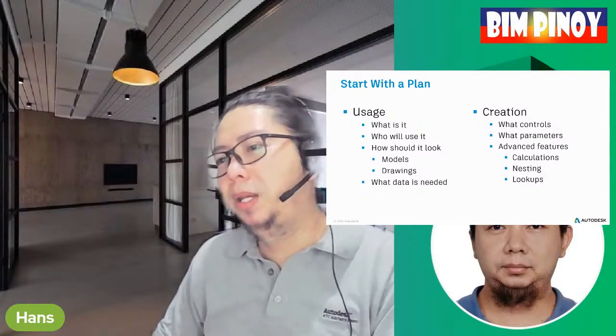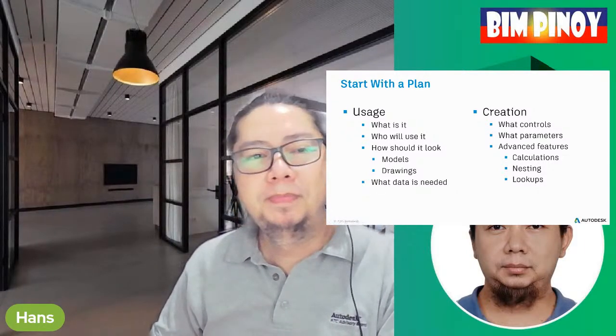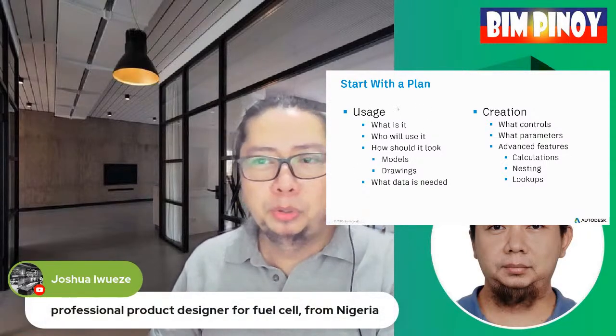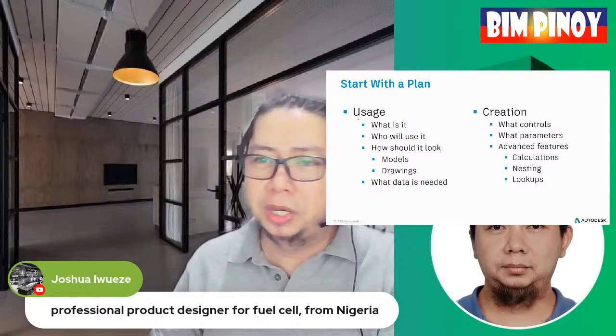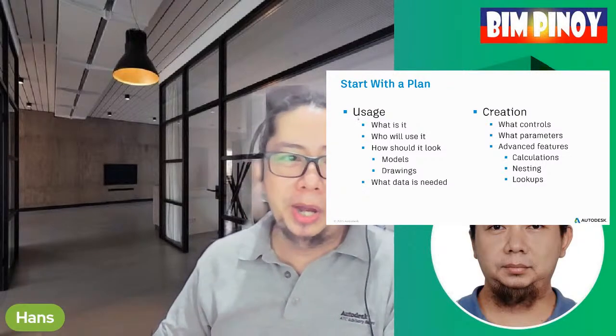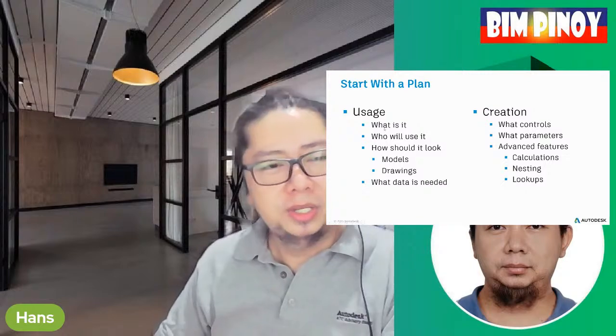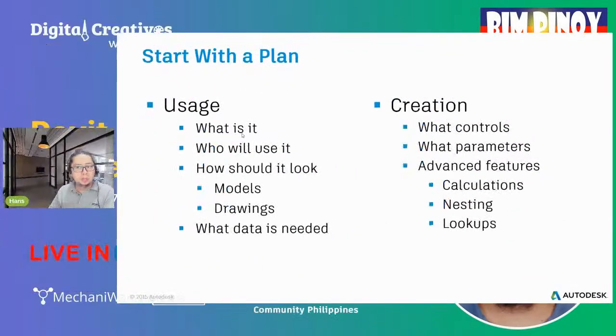In every Revit family, of course, we have something to do with usage before we create something. How is it used? What is its use? What is it?